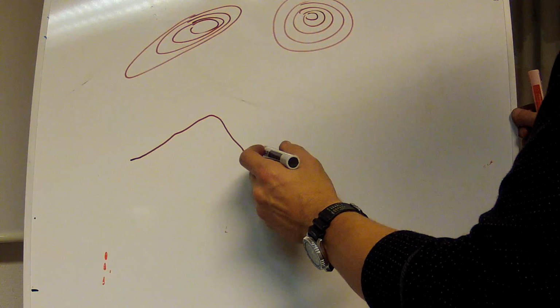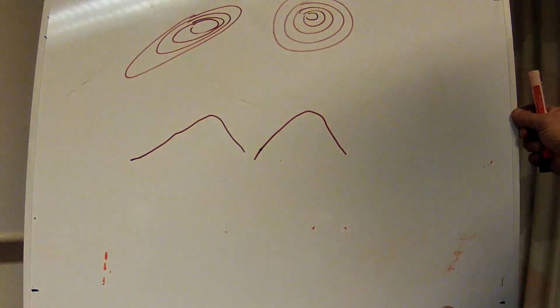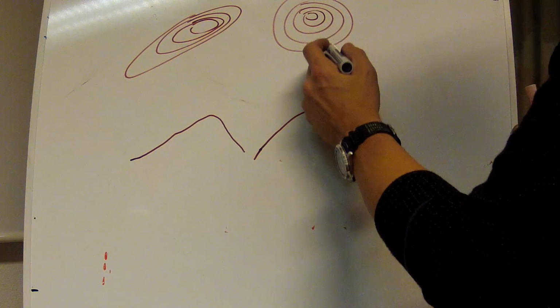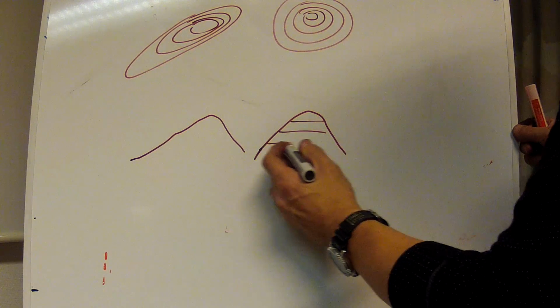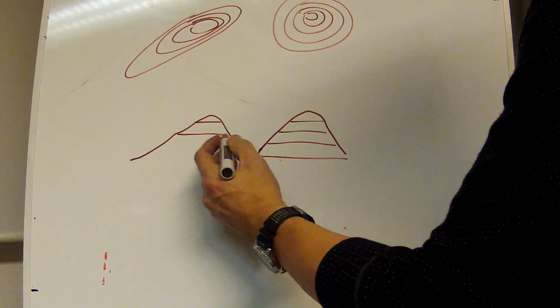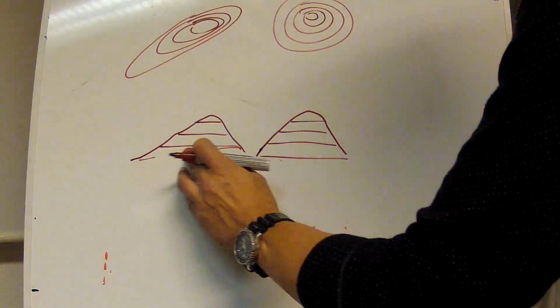This one most likely looks something like this, even on both sides. These rings, if you transfer them down to this, they will slice up the mountain or hill. Sorry.